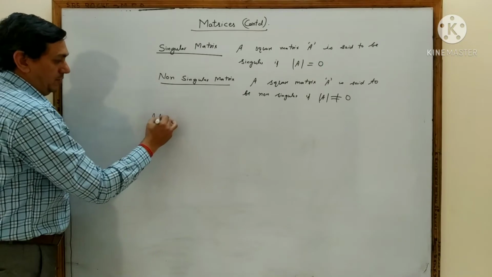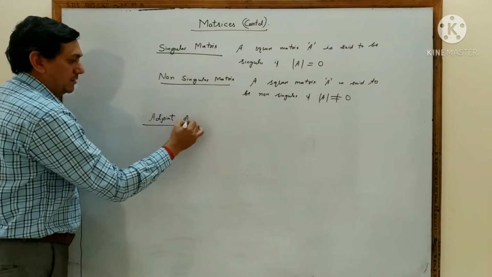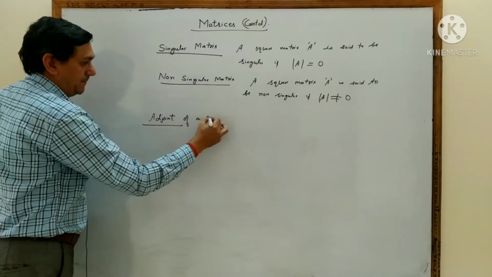Now we come to the adjoint of a square matrix.